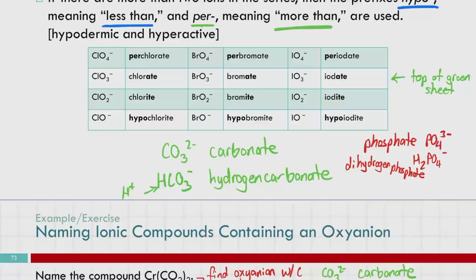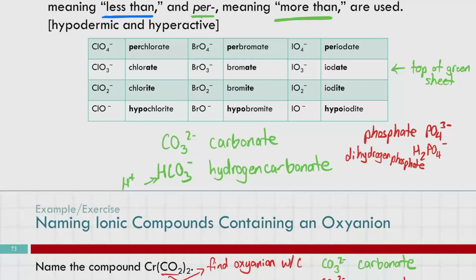Another weird quirk of history is that these hydrogen carbonates, for example, sometimes instead we see bicarbonate or bisulfite.